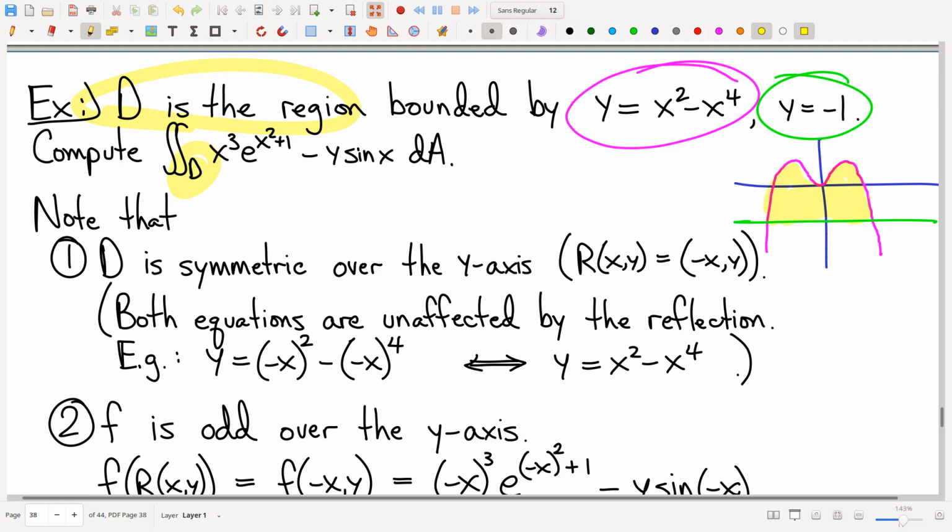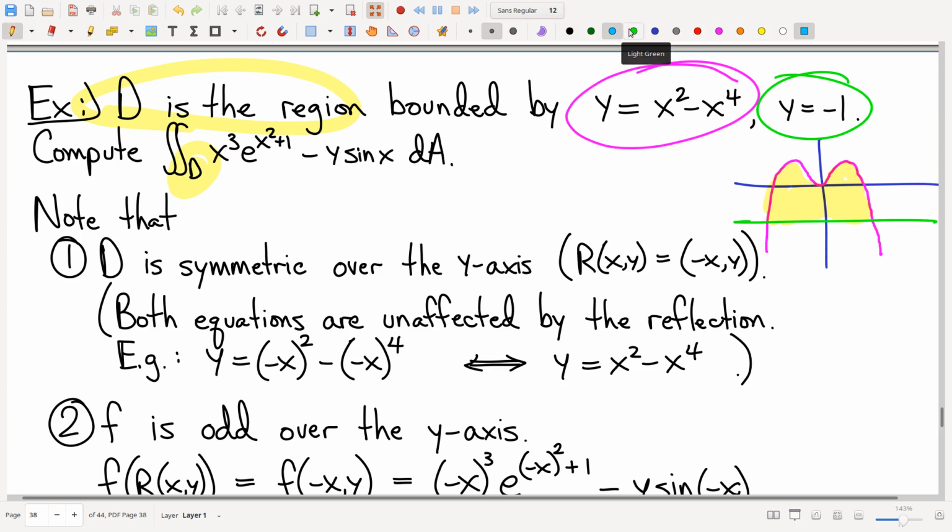like that. And now I'm just going to make a hand-waving sort of geometric appeal that it's symmetric over the y-axis. And everybody kind of see how if you flip that over, it's going to be the exact same thing. Now, if you're not persuaded by the geometry, one argument you could make is you can literally write down the formula for the reflection.